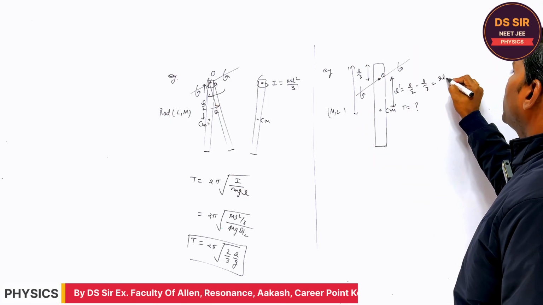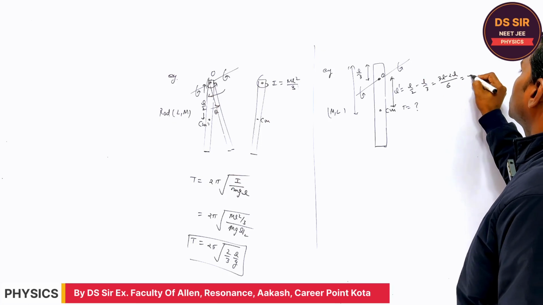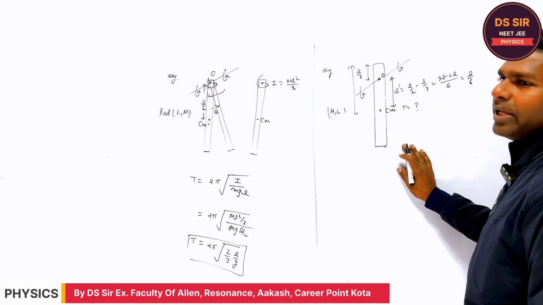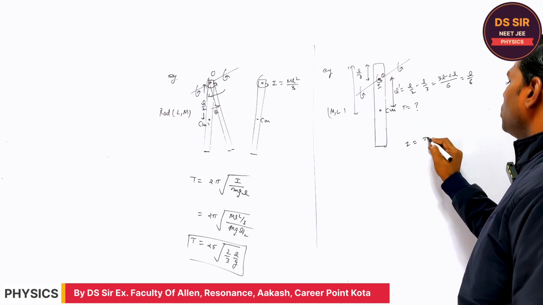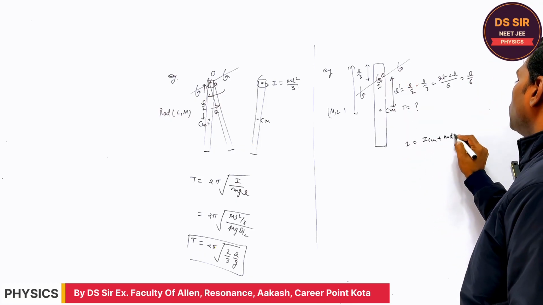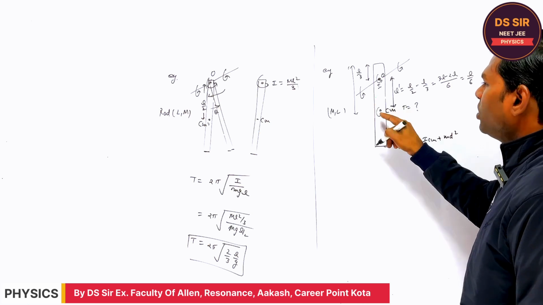So it is 3L minus 2L upon 6, which is equal to L by 6. So this is the L dash. And what about the moment of inertia about this? I is equal to ICM plus M into d square.